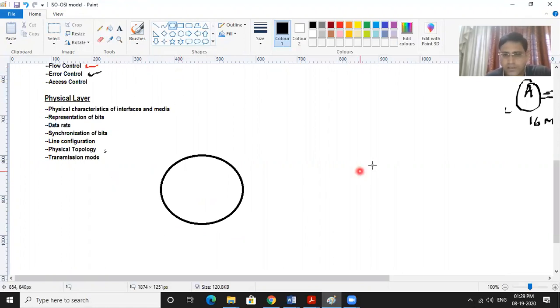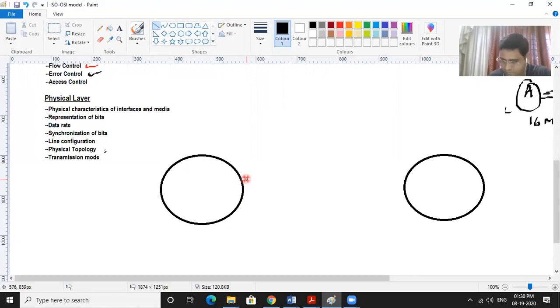Okay, and I'm taking another one as well. Now see, this is very important to understand how they actually work. Firstly, this one.